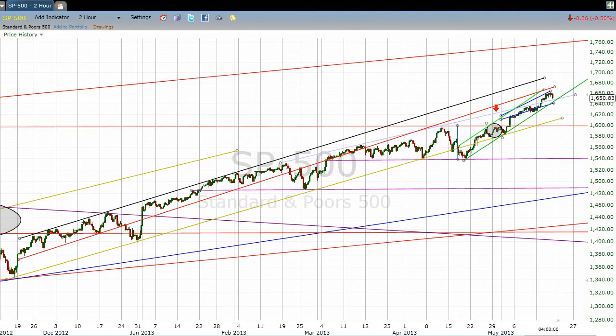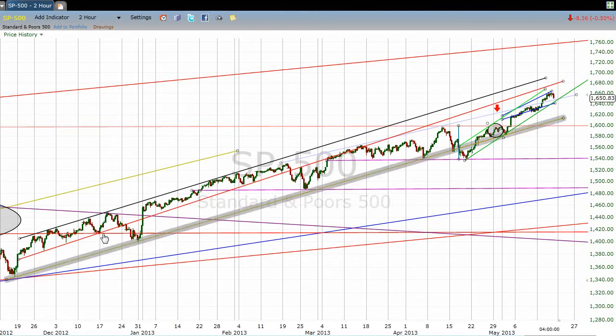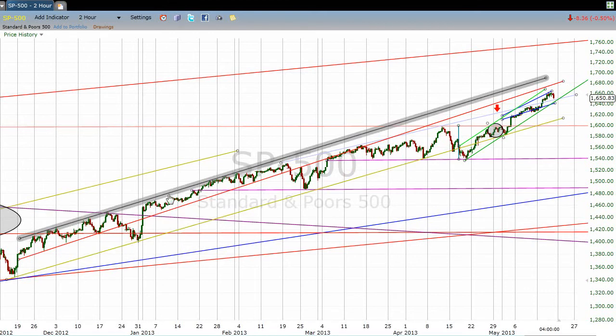It has a tendency to wiggle around a little bit, so when I go back I'm going to have to fix it again. But anyway, that red line basically served as a support line for much of December and the first month and a half of 2013. It would break occasionally. The first time it broke, no biggie, got right back up into it. The second time it broke, it has stayed underneath this line the whole time.